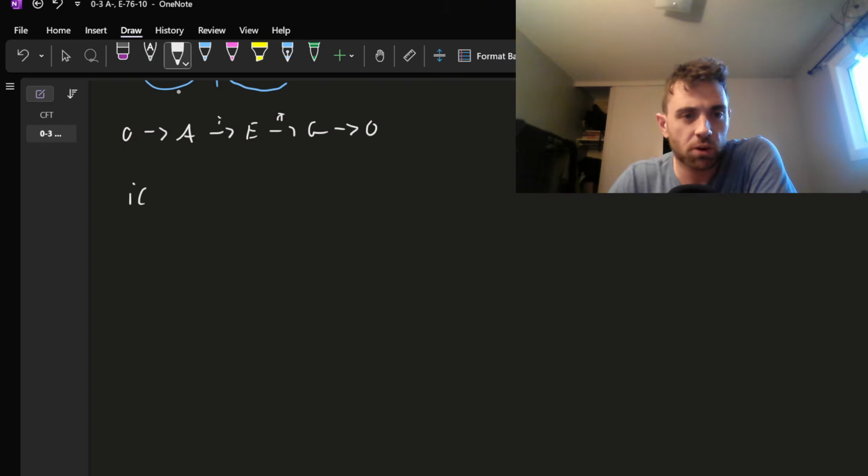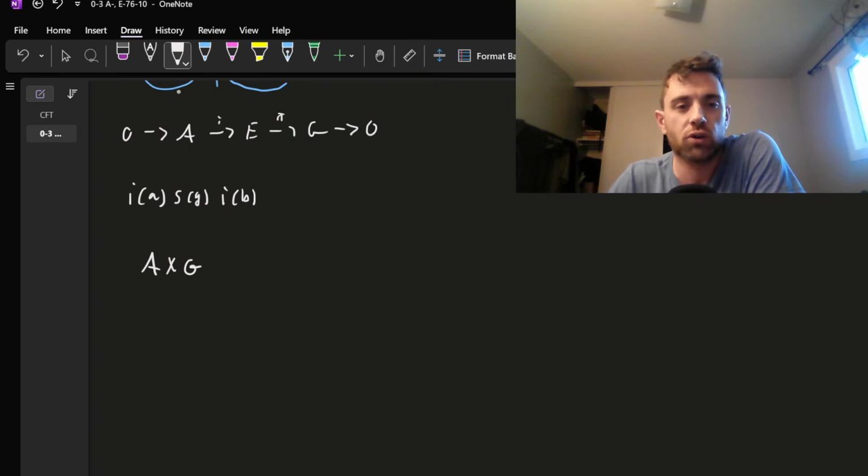We wanted to multiply a pair of elements, where we had something coming from A and something coming from G, and another element. If it was like a product A times G, right?